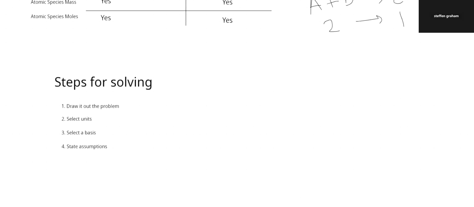It's important to state those assumptions, like maybe that the temperature is room temperature if it's not specified, or that the density of something is equal to water, and so on. I'm struggling to think of some good assumptions to state right now, but they will definitely come up in our later videos.